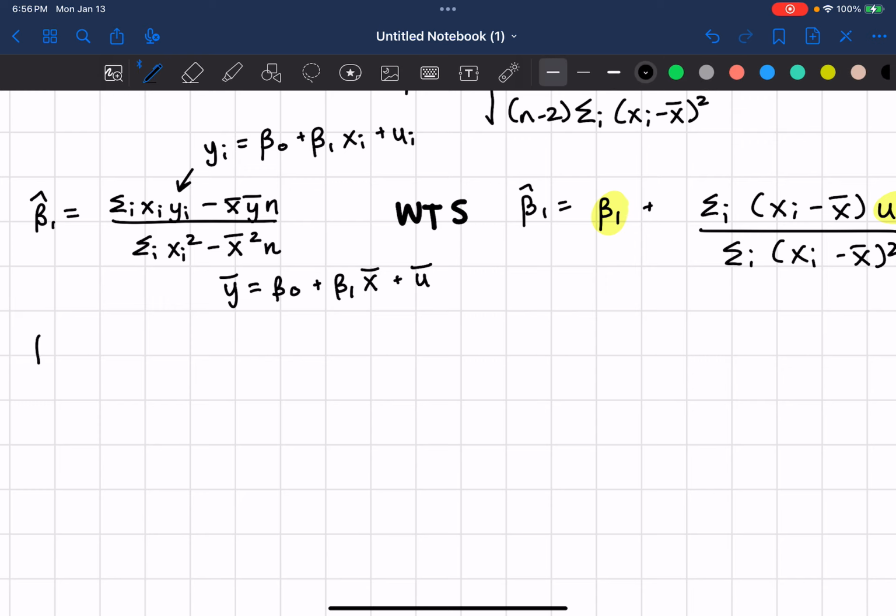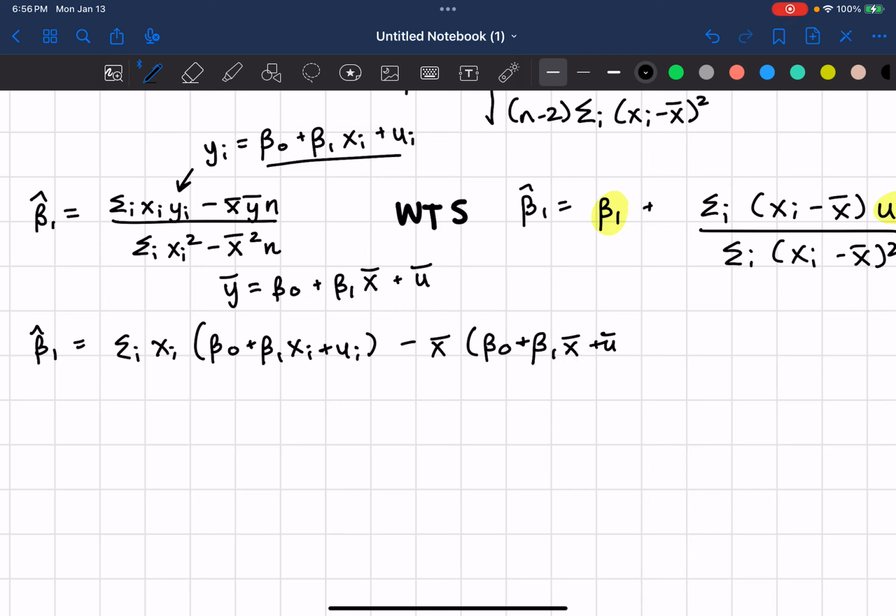So making those substitutions, I'll have beta hat 1 is sum i xi, and then I'll write this, beta naught plus beta 1 xi plus ui minus x bar, sub in for y bar, beta naught plus beta 1 x bar plus u bar, and then I have an n here, all that divided by sum i xi squared minus x bar squared times n.